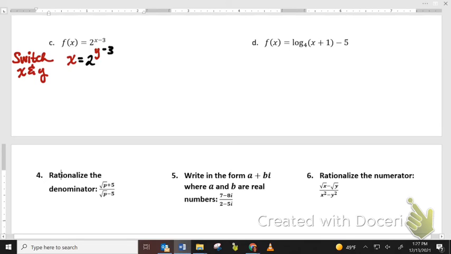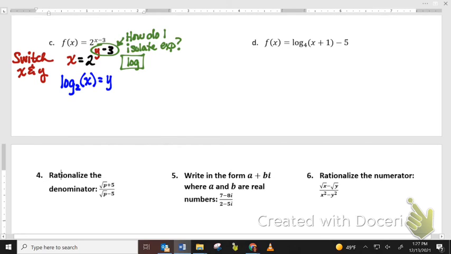What is my next goal? To get y by itself. Where is y? It's in the exponent. How do I get the exponent isolated? Yes. So I'm going to rewrite this as a log. What's my base? 2. Log base 2 of x equals y minus 3.